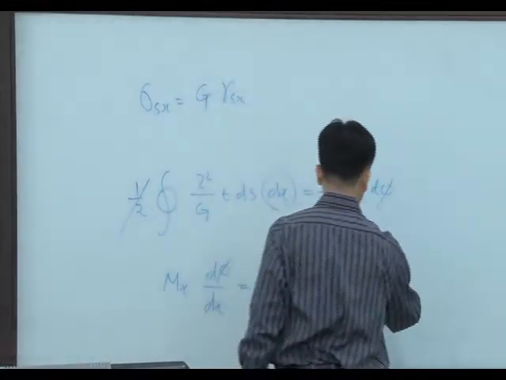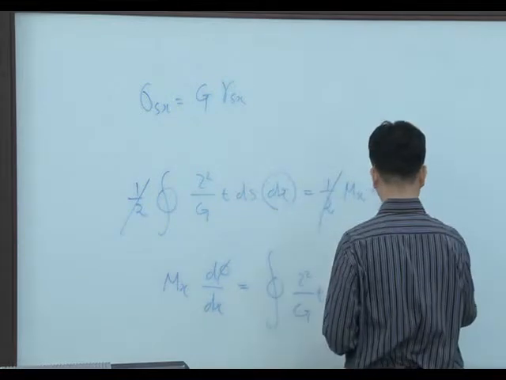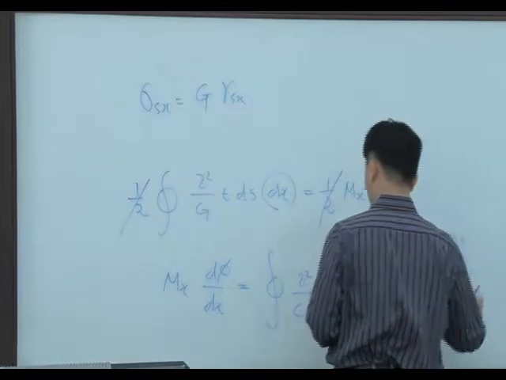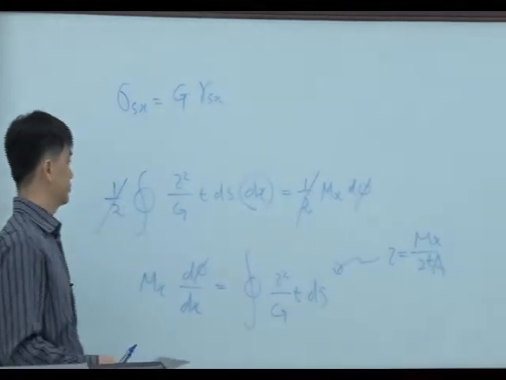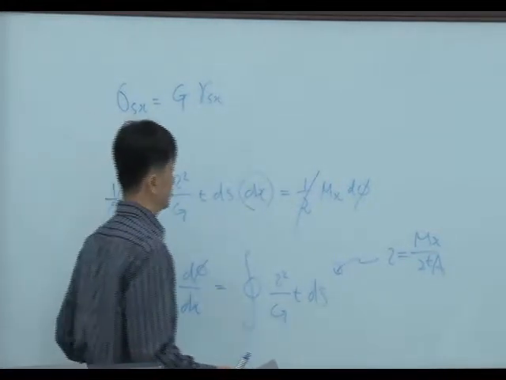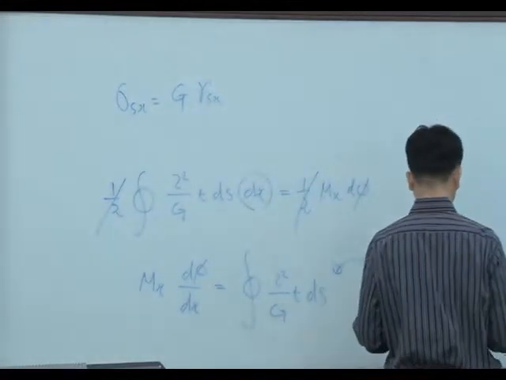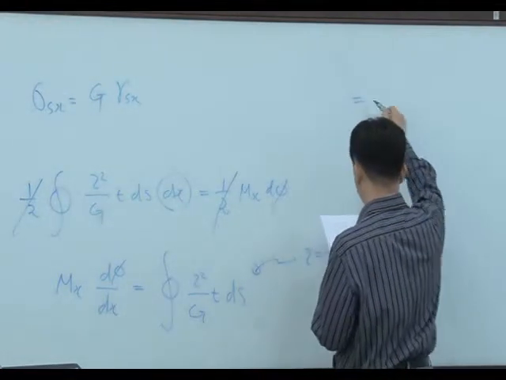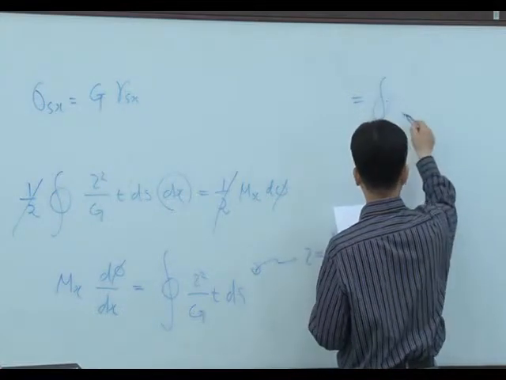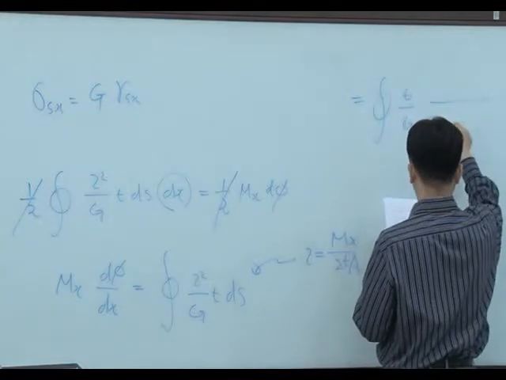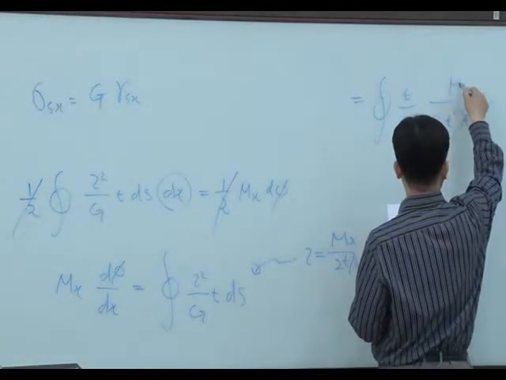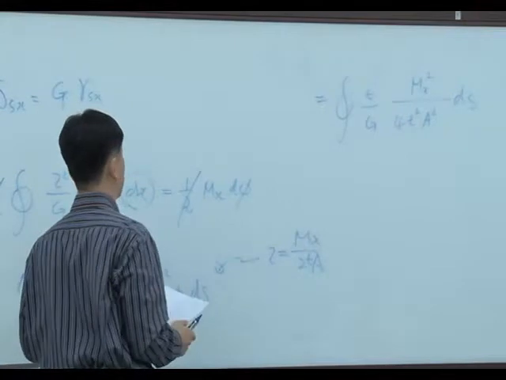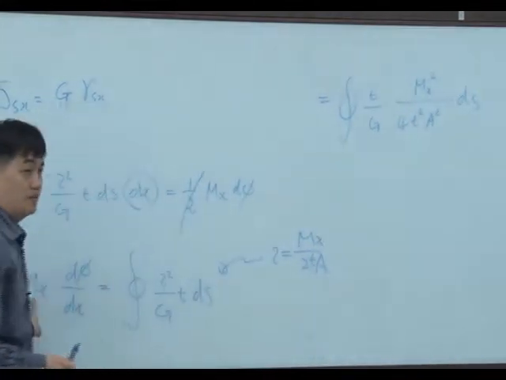And in this equation, let's put the result we calculated previously, tau equals Mx over 2tA. Then that equation becomes the integral of 1 over G t, times Mx squared over 4t squared A squared, ds.